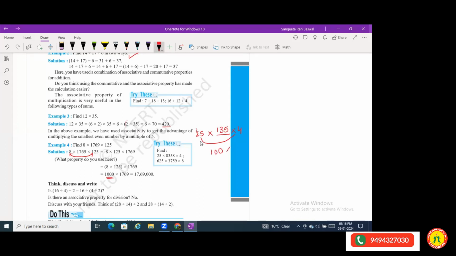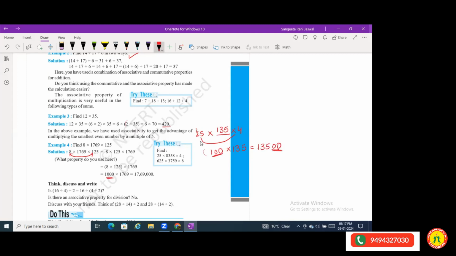I get 100. Now 100 can be multiplied with 135. I don't need to multiply here because multiplying with 10, 100, 1000, 10,000 is just writing the number and that many zeros. 13,500. As many zeros as are in this number, that many zeros I will put here.